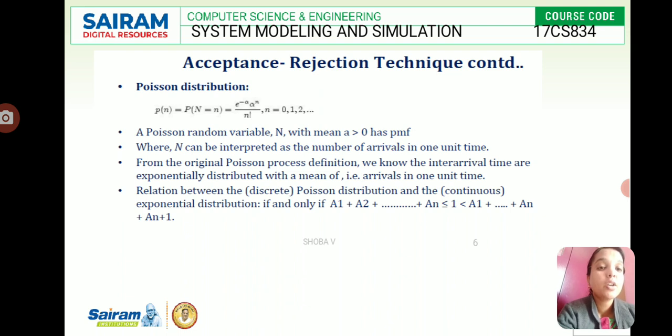So there is a relationship between the discrete Poisson distribution and the continuous exponential distribution. We have A1 plus A2 up to An plus An+1. The main formula you have to know is e^(-alpha) alpha^n divided by n factorial, where n can be any number of values.